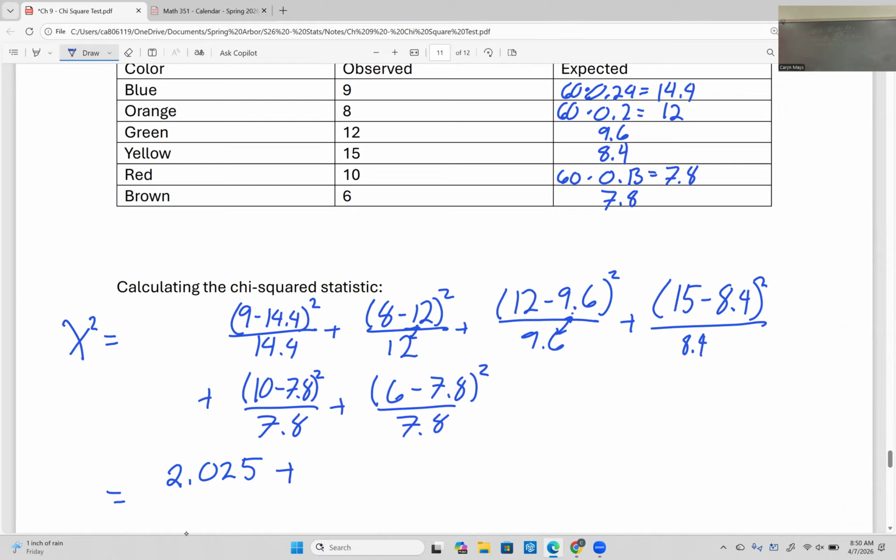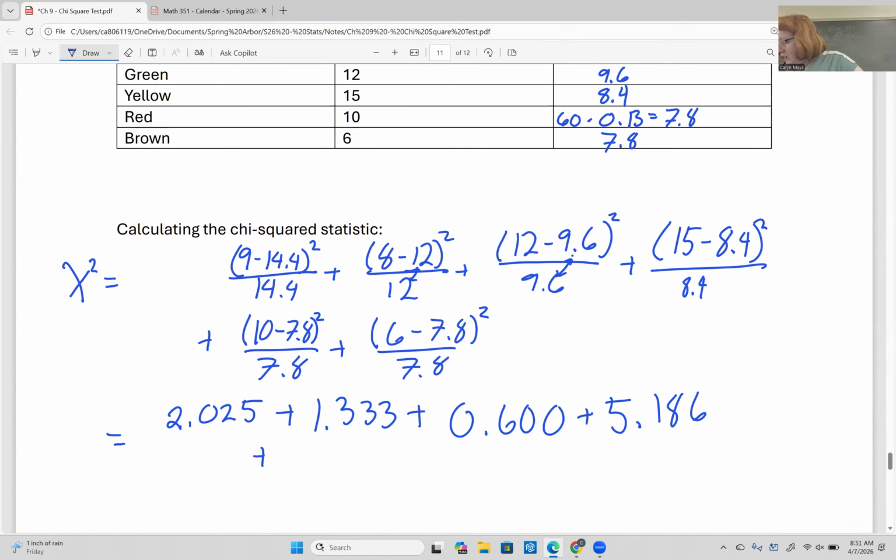What is 8 minus 12 squared divided by 12? 1.333. 12 minus 9.6 squared over 9.6 is 0.600. 15 minus 8.4 squared over 8.4 should be 5.186. 10 minus 7.8 squared over 7.8 is 0.621. 6 minus 7.8 squared over 7.8 is 0.415.